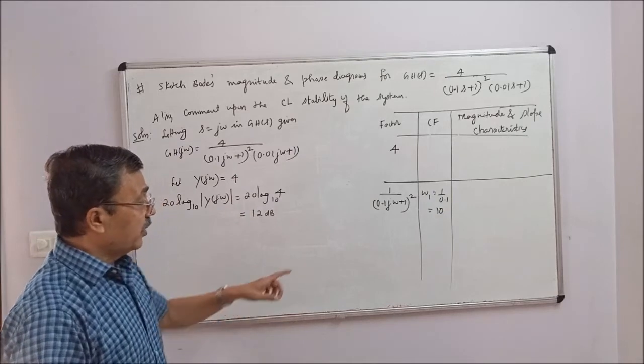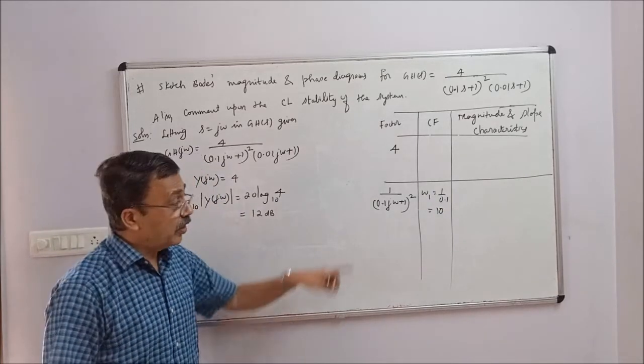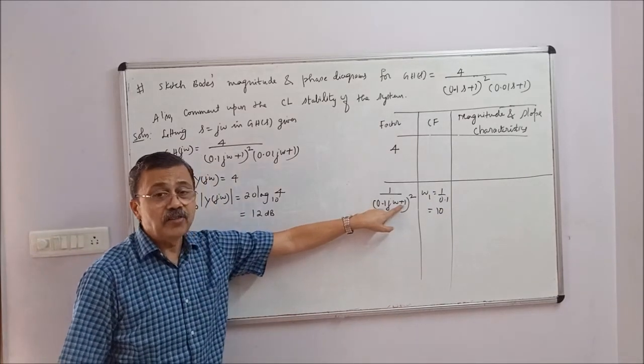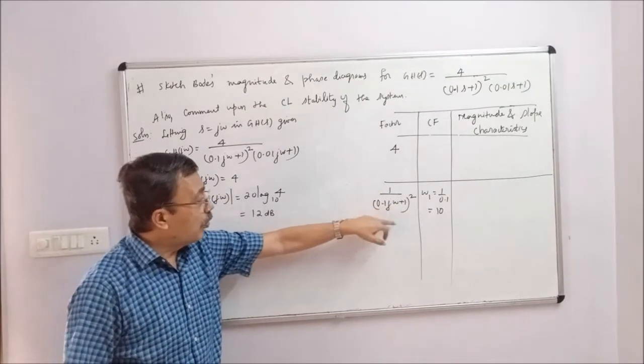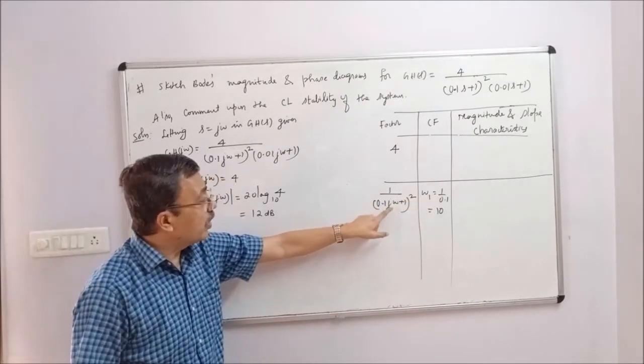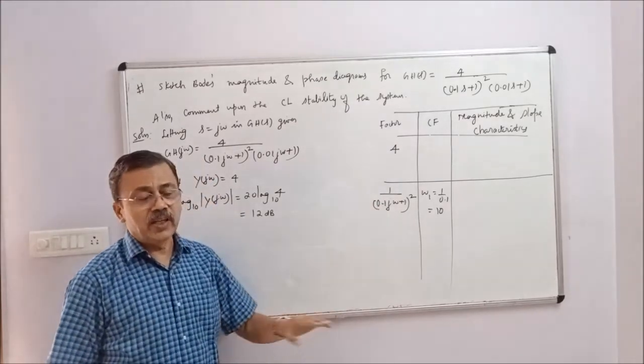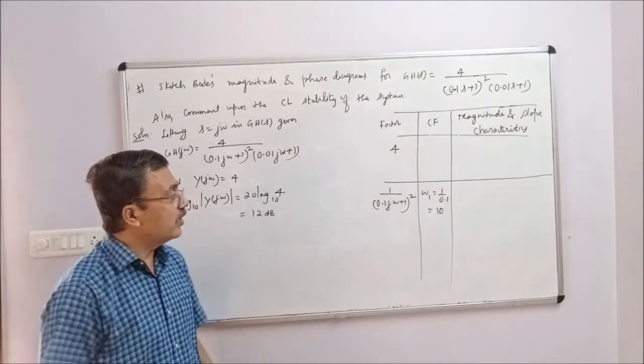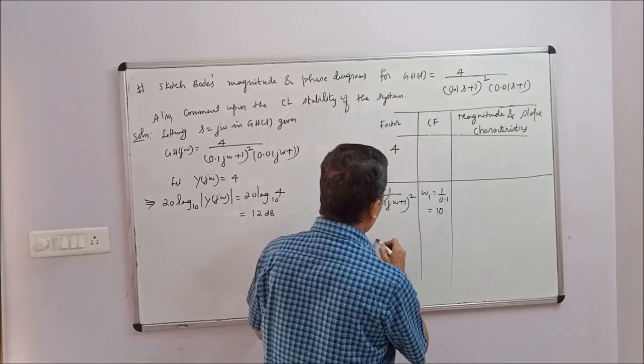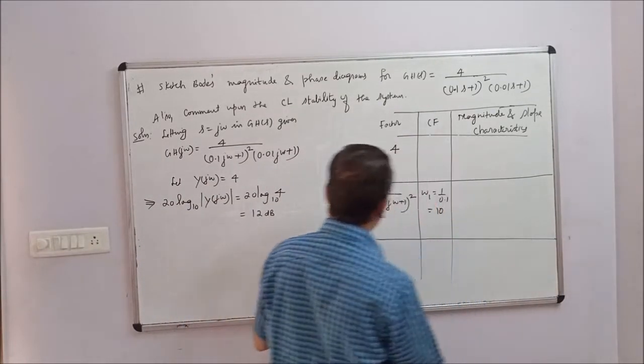Please remember, for finding the corner frequency, the constant term should always be 1. Correct? And how do you find the corner frequency? Take the coefficient of j omega, which in this case is 0.1. Take its reciprocal, you get 10. Omega 1 is equal to 10 is the corner frequency.